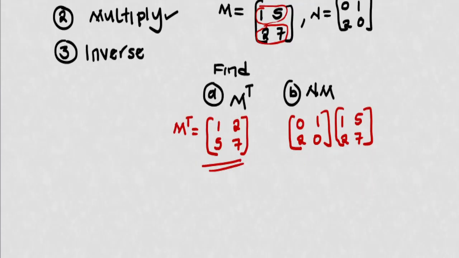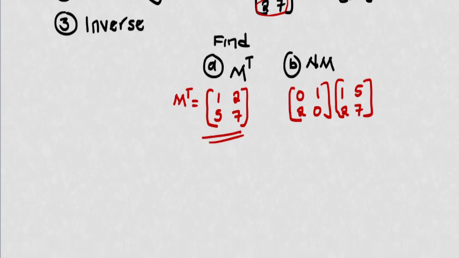So how are we going to do that? To multiply matrices, it's row by column. We're going to say the first row multiplied with the first column, so the first row of the first matrix with the first column of the second matrix.